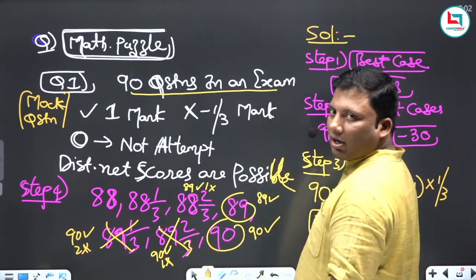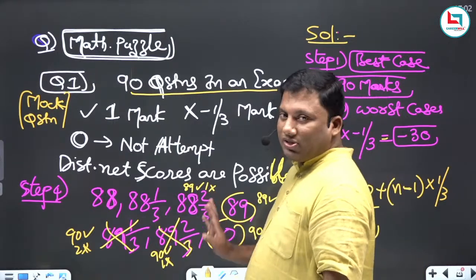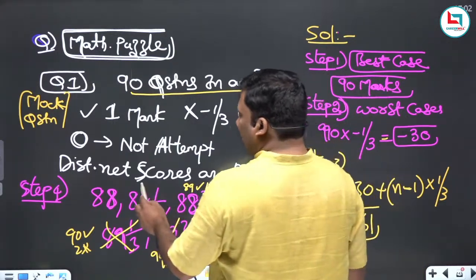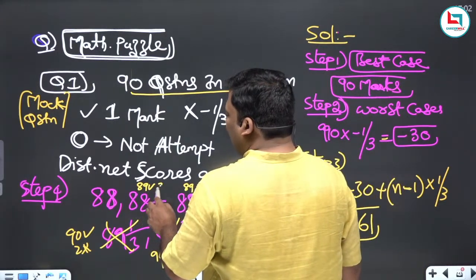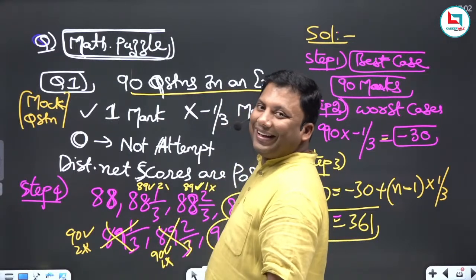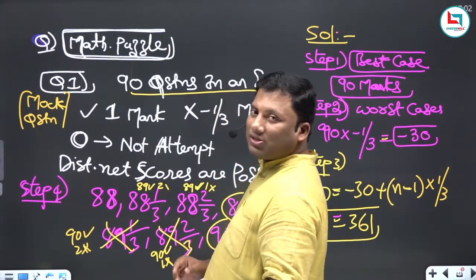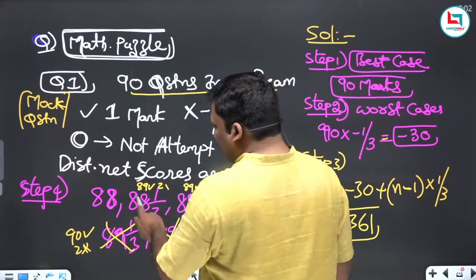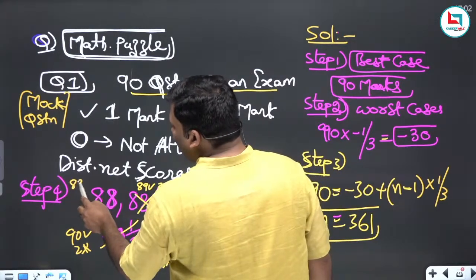So this is possible. 88 1 by 3: 89 attempted, 2 wrong. That is not possible. It cannot exceed 90.